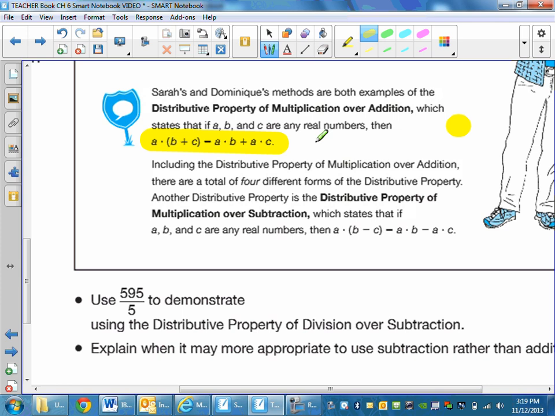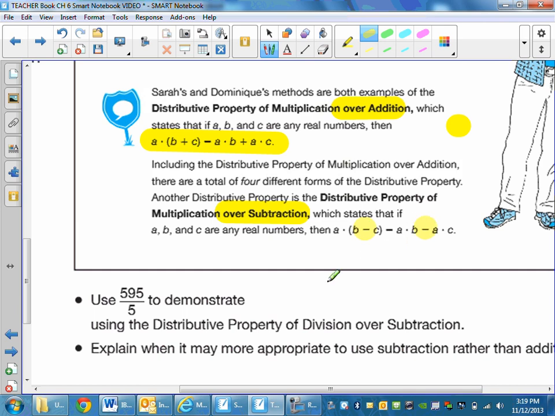Another distributive property is the distributive property of multiplication over subtraction. So on this one it's over subtraction, this one's over addition. And that's why you see these 2 addition symbols here. So the same thing down here, but where there's addition up here, there'll be subtraction down here. So I got a subtraction here and a subtraction here, and then the rest follows.